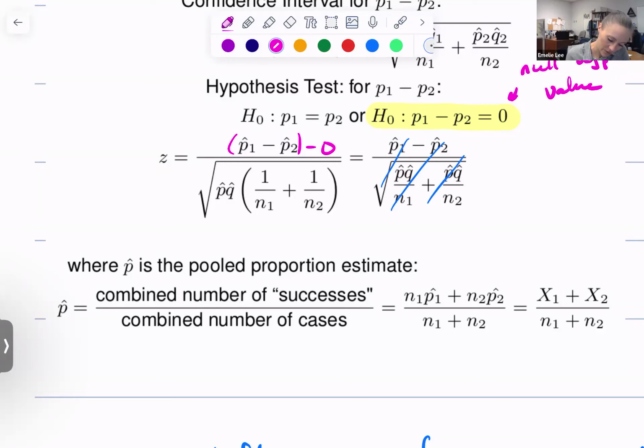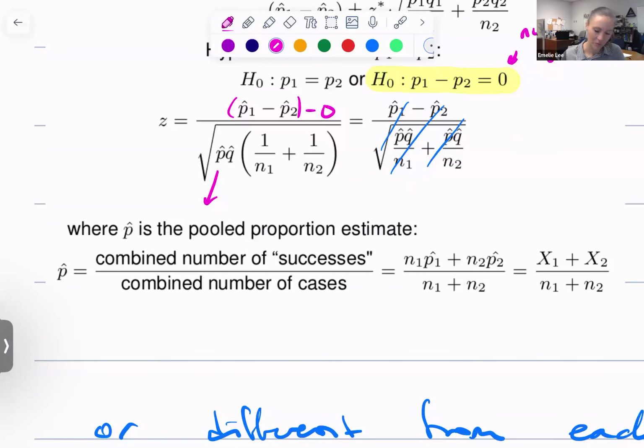Now, what's the deal with P hat? We know we have P1 hat, we know we have P2 hat, and now all of a sudden we have a P hat. Here, P hat is the pooled proportion estimate. So P hat becomes a grouped proportion. Depending on the information you have, there are lots of ways to find this.